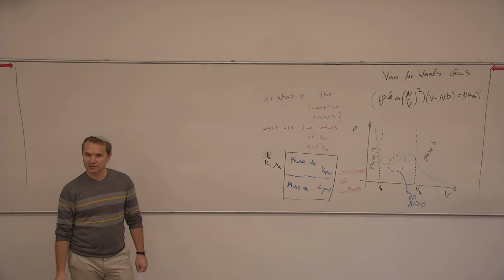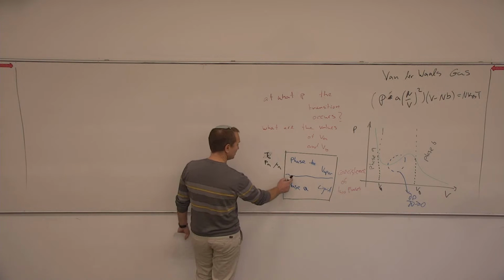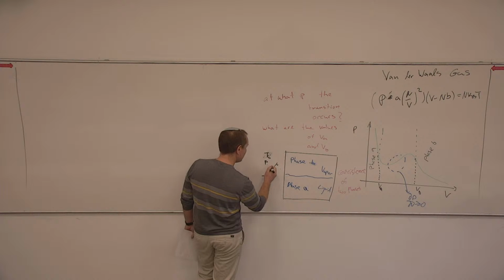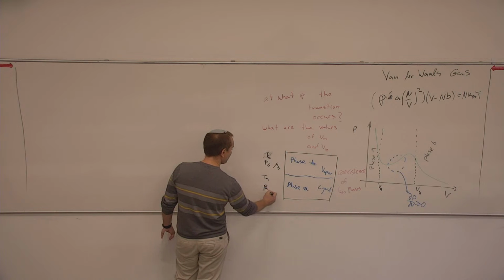Those are our intensive parameters that describe the system, generalized forces. The same goes for the liquid. We have T_B, P_B and mu_B. So we have T_A, P_A, and mu_A.